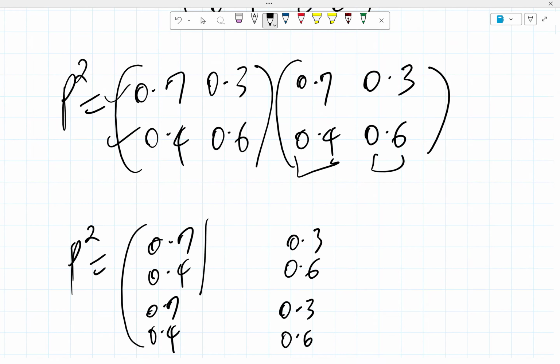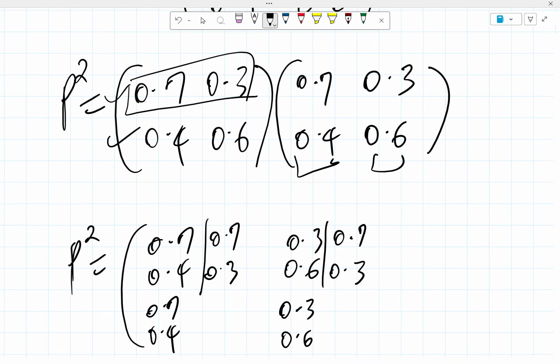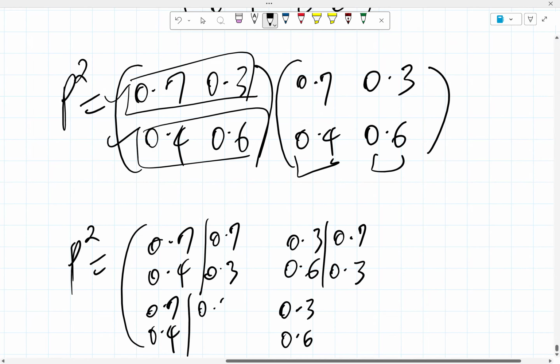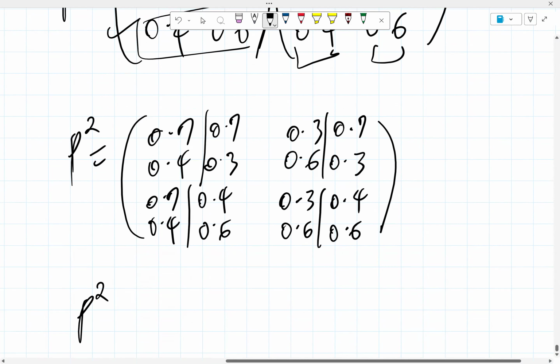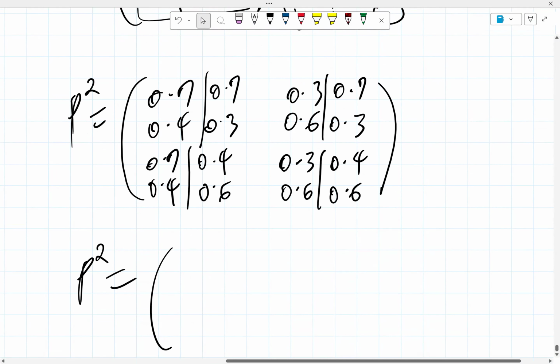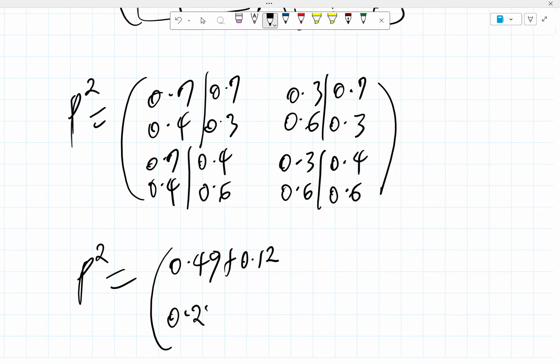Then we put this over the first row, 0.7, 0.3, 0.7, 0.3, and the other one, 0.4, 0.6, 0.4, 0.6. So P squared would now be 0.7 times 0.7, that's 0.49 plus 0.12. Then this is 0.28 plus 0.24. This is 0.21 plus 0.18.